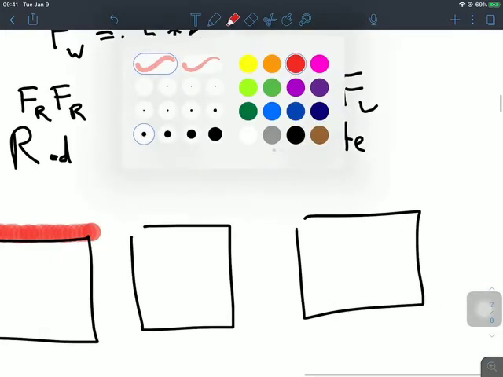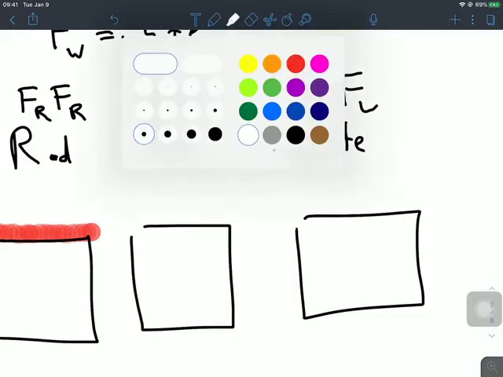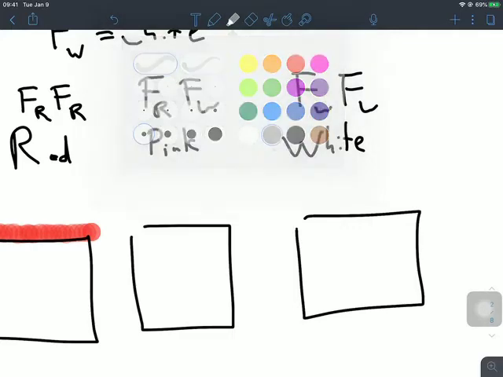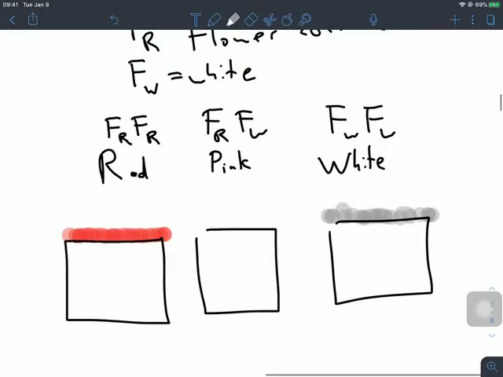In the case of a white, you line the outside with a whole bunch of white. This is not working out that great. Can't see that? Interesting. Okay, well, we'll do it in gray. There we go. And so the only proteins that are being expressed are those different pigments.